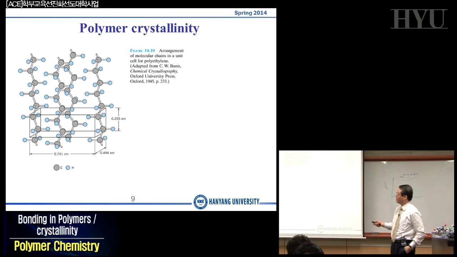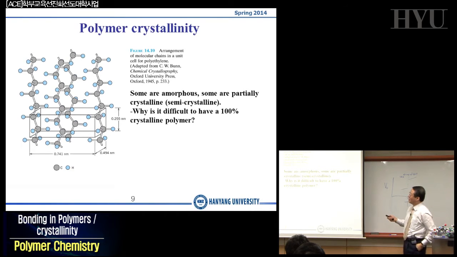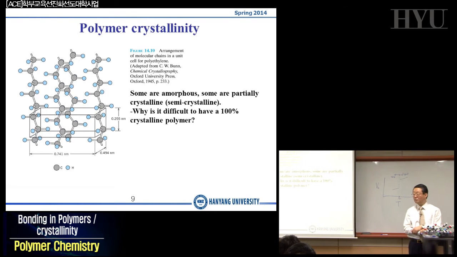Let's say that we have this type of crystalline structure, which is isometric, and some portions are amorphous, some portions are crystalline, and some portion might be 100% crystalline.